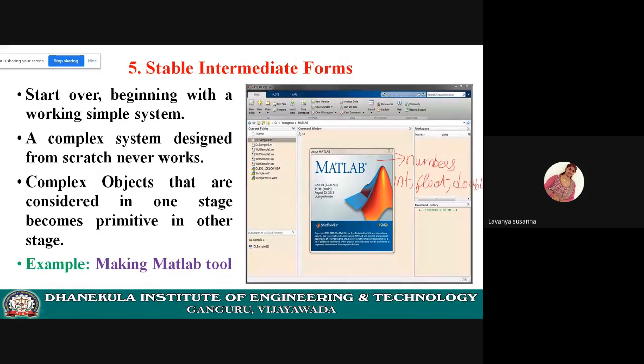Once you build these numbers like int, float, double, complex numbers, then we use them. First, in the first stage, we have developed these numbers: int, float, double.